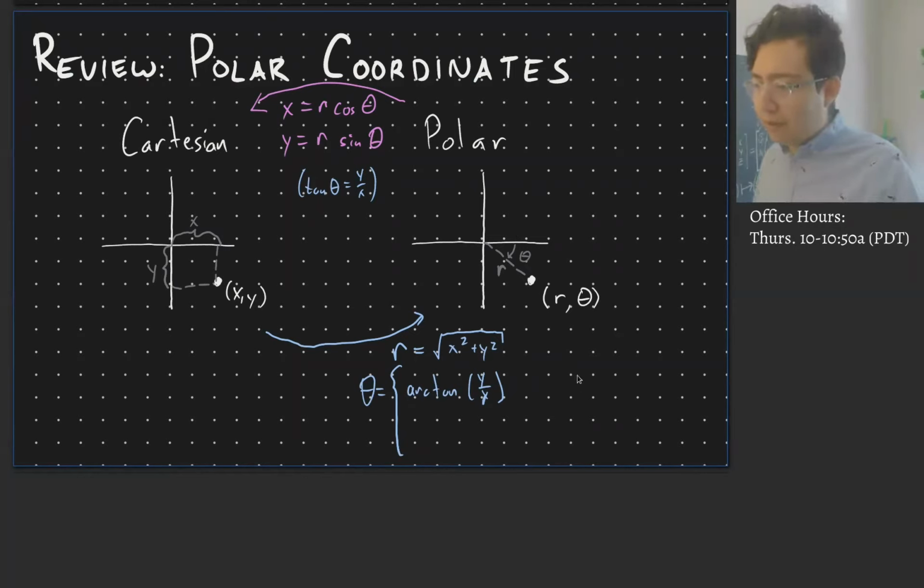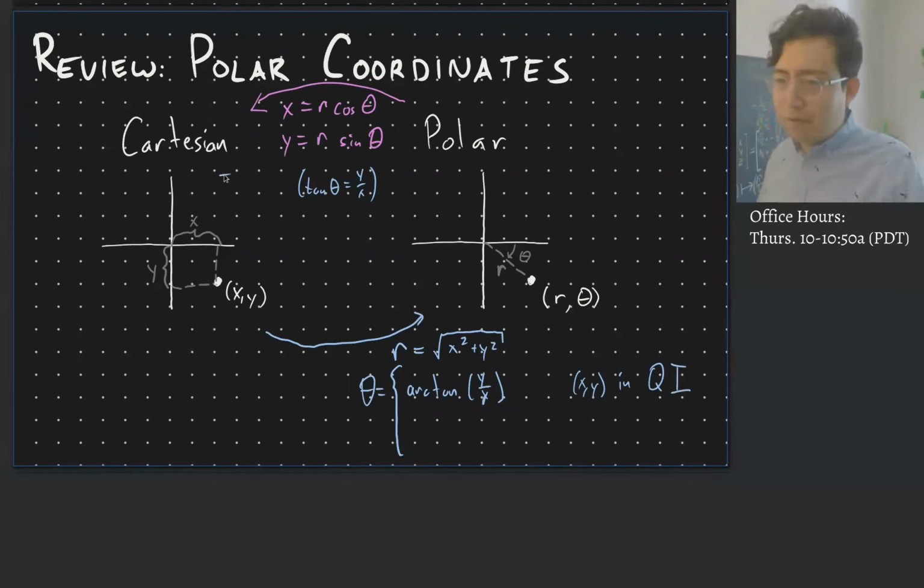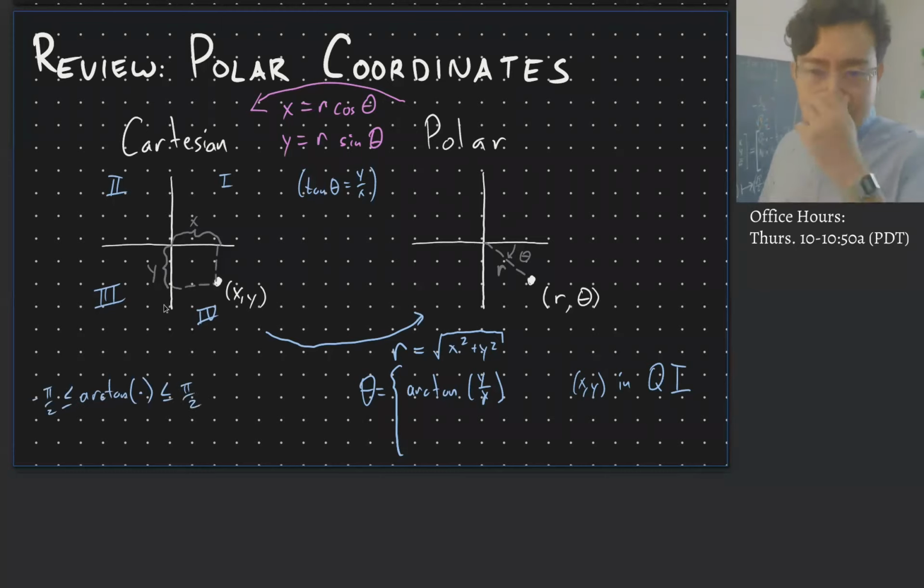So if x, y is in quadrant 1, remember, we have 1, 2, 3, and 4. The important thing to remember is that the output of arctan is always going to be between negative pi over 2 and pi over 2, right?